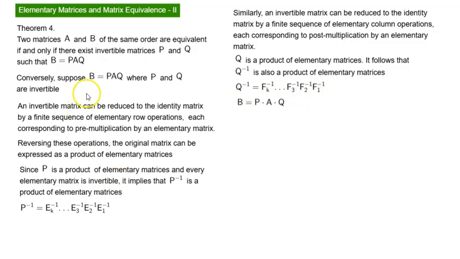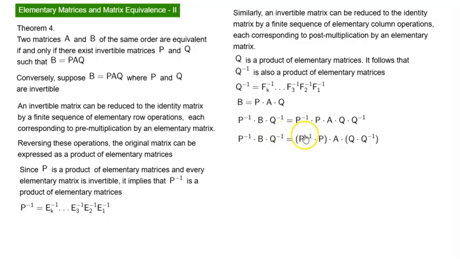If we start with B is equal to PAQ, then by pre-multiplying by P inverse and post-multiplying by Q inverse on both sides, we get P inverse times B times Q inverse is equal to P inverse times P times A times Q times Q inverse.